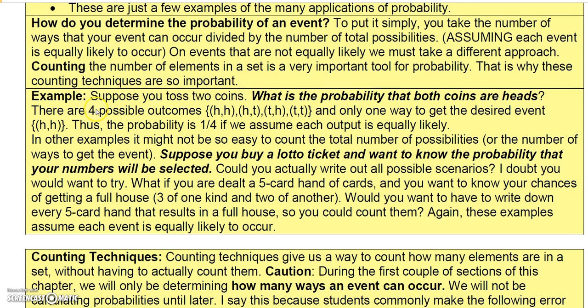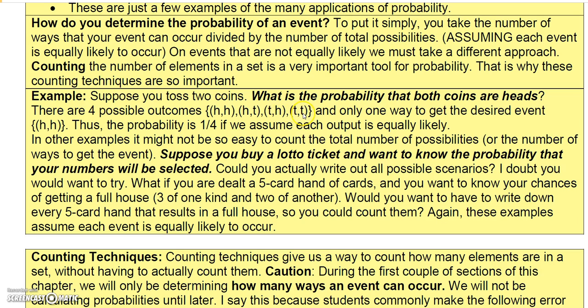So, for example, suppose you toss two coins. What's the probability that both coins are heads? Well, in this example, we can assume that each event is equally likely. So, what are the possibilities? The total possibilities are you could toss them both heads. The first coin could be heads and the second coin tails. Or the first coin could be tails and the second coin heads.